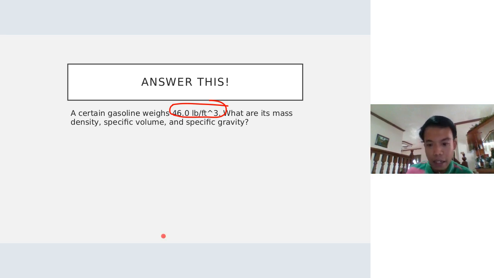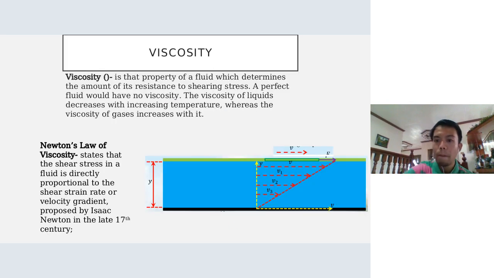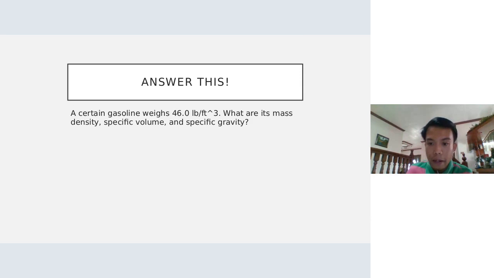Do you have any question with that problem? Okay, wala. Sige. So, if none, we'll continue to the other fluid property. Sir, saan po makikita yung notes? I will post this PowerPoint in your Canvas after this conference, Jerby.